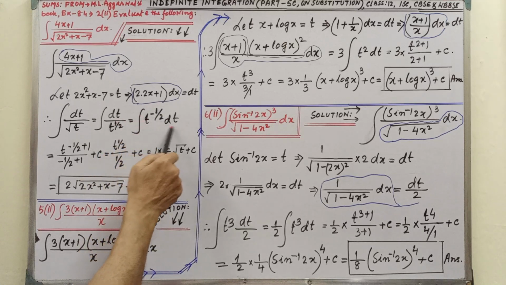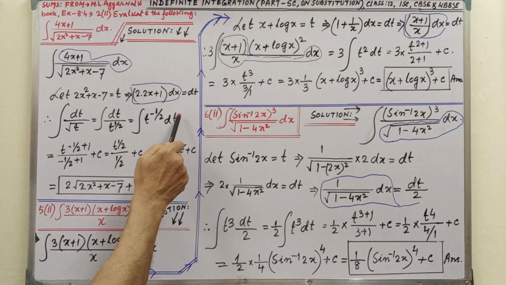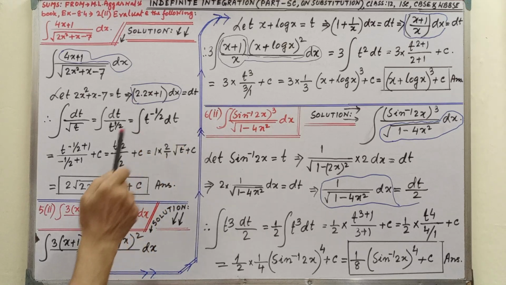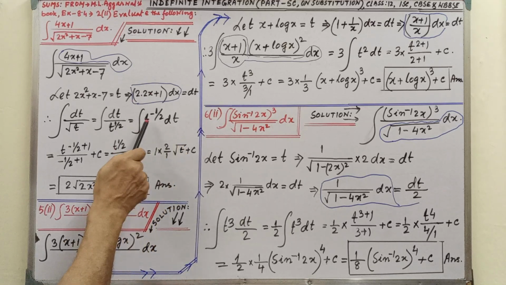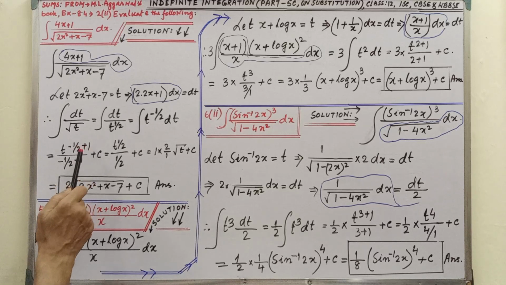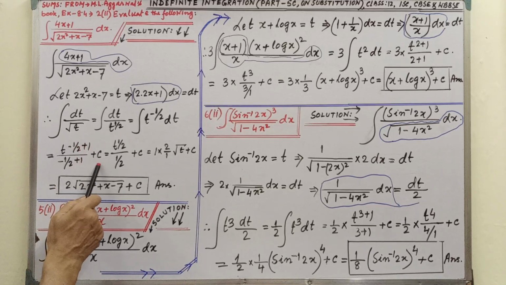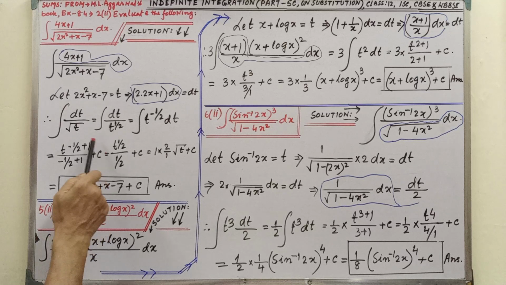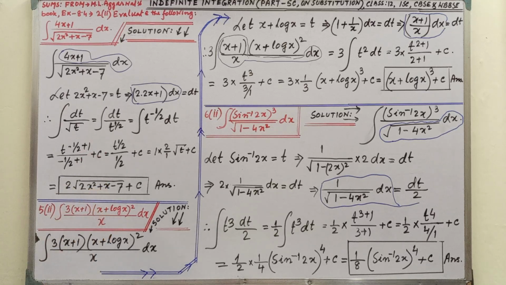Now we are getting the form of the formula, that is integration x to the power n. By applying that formula we are getting, in place of x here is t. This is t to the power minus half plus 1 over minus half plus 1, plus c. For indefinite integration always we have to put the constant c.